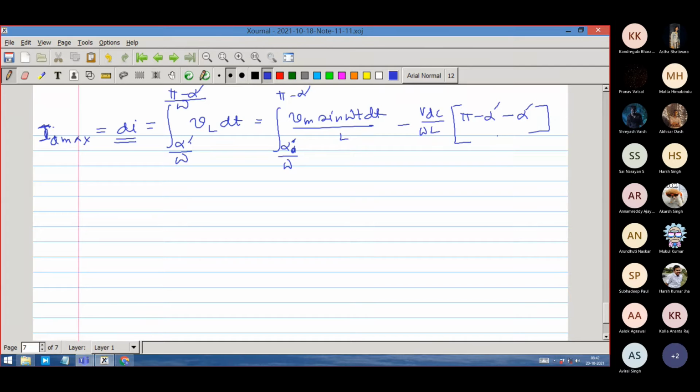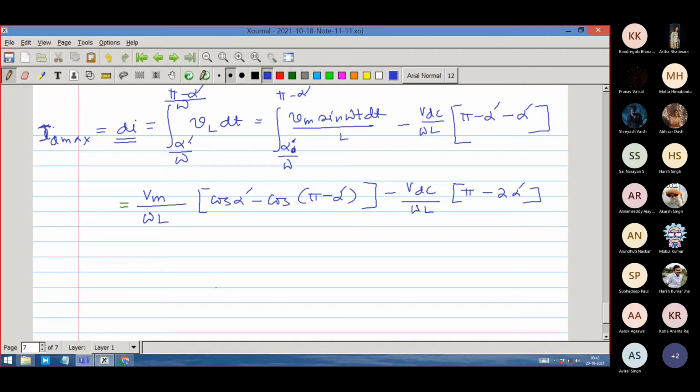So now it simply means that I have to put the values. Vm by omega L, cos of alpha dash minus cos of pi minus alpha dash, minus V_DC by omega L into pi minus 2 alpha dash.